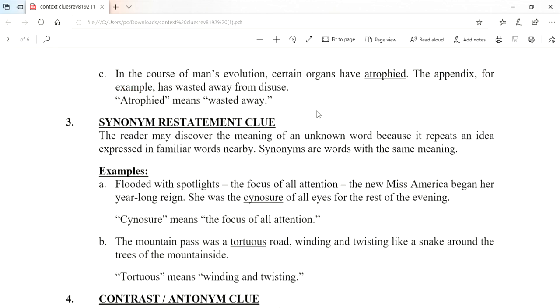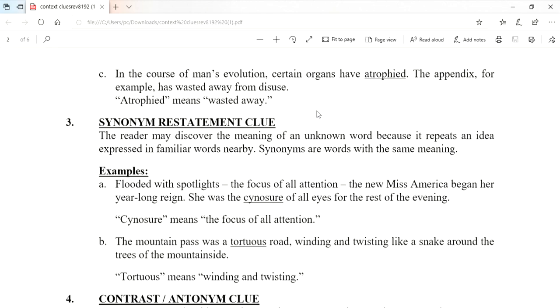All right, we're looking at another clue, which is the synonym restatement clue. Sometimes you're going to find a synonym in the sentence, which will help you to know what the word that has been stated means. The reader may discover the meaning of an unknown word because it repeats an idea expressed in familiar words nearby.